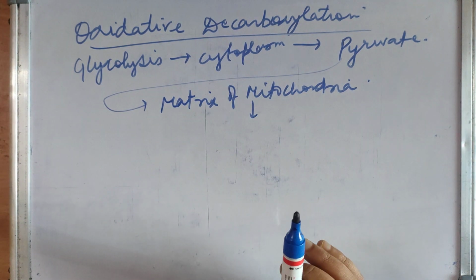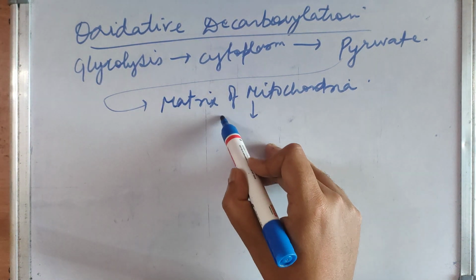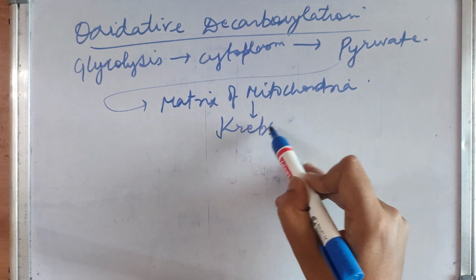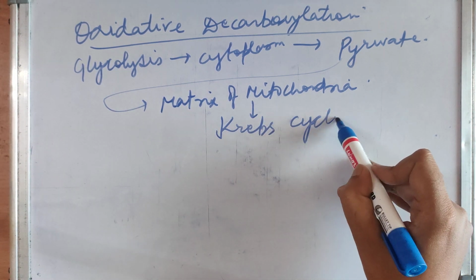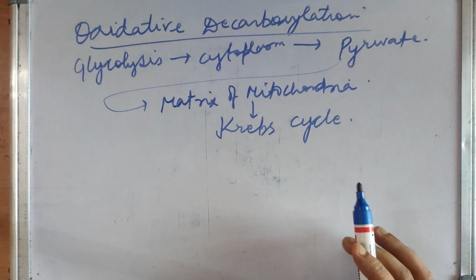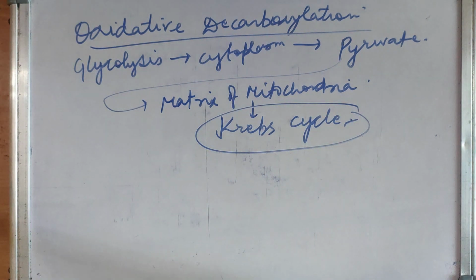Then the Krebs cycle takes place in mitochondria, that is the next step of cellular respiration. We have discussed the Krebs cycle in detail in a previous lecture. You must see it. It is very important.